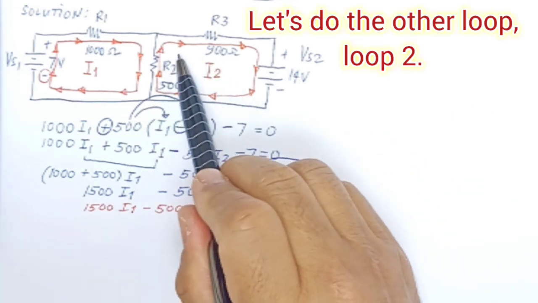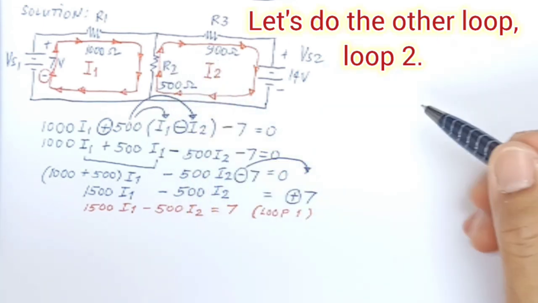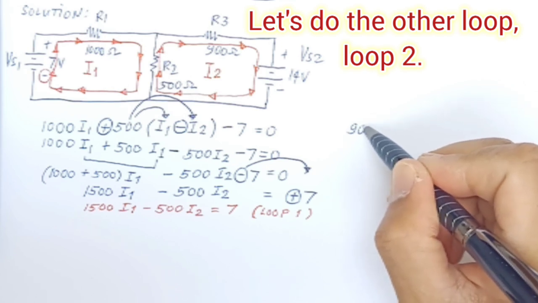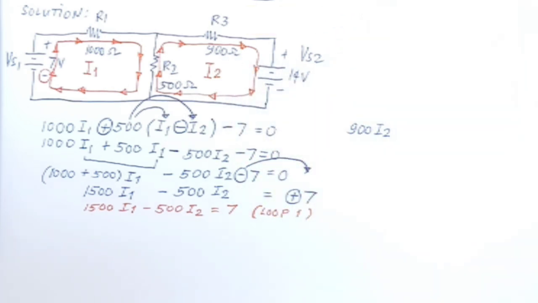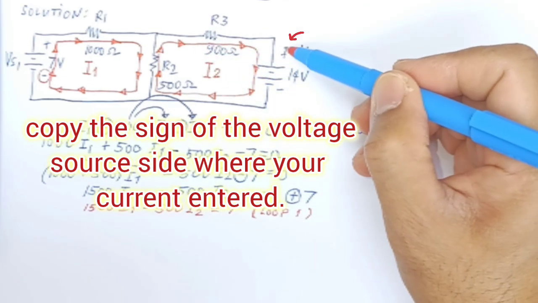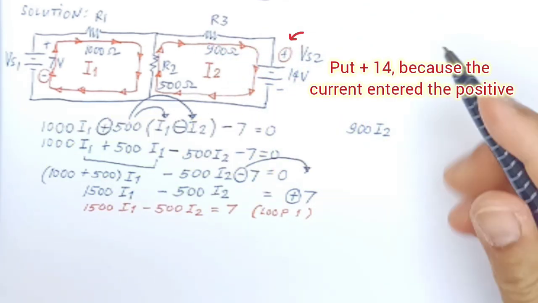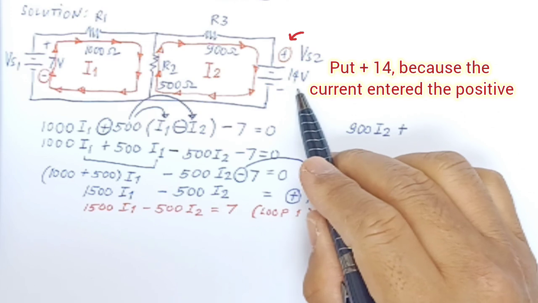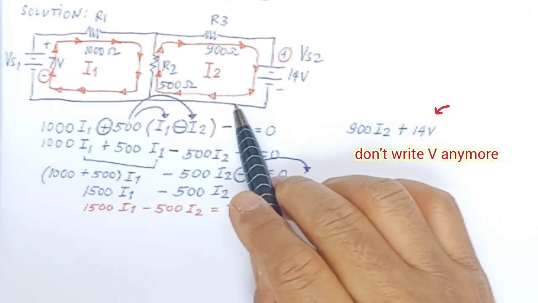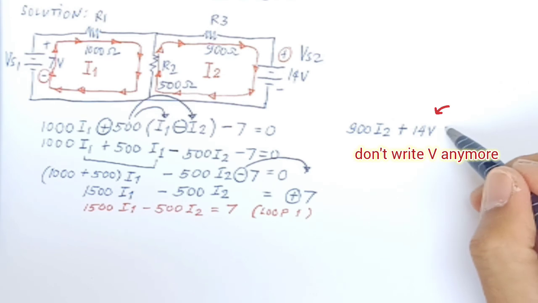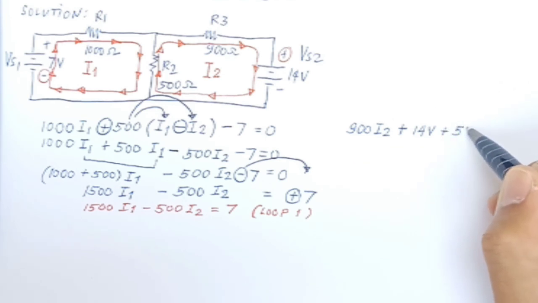Now, let's focus our attention on the loop I2, or the second loop. So we will have 900 I2 plus, we will enter the positive of VS2, so we copy plus. And then let's go in the clockwise direction. Going down, after plus 14, we will enter R2, which is 500. So plus 500.